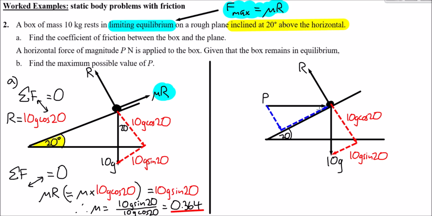Like so. So it's acting like so, and we can use some GCSE Z angles here to help us. So if this angle of the slope is 20, then this angle here will also be 20 as well. Z angles. Alternate angles are equal.